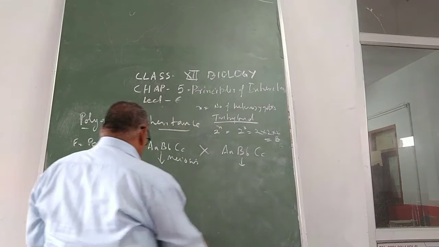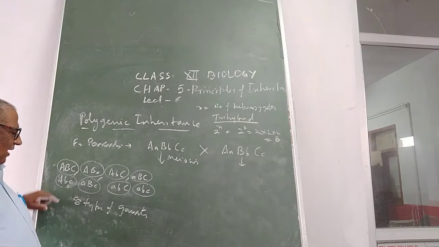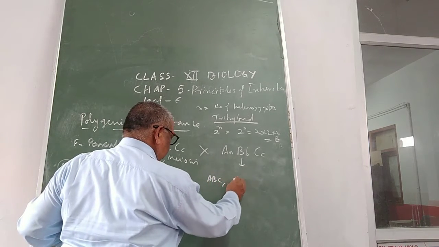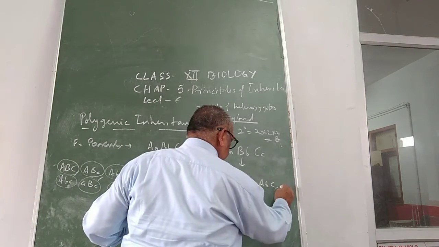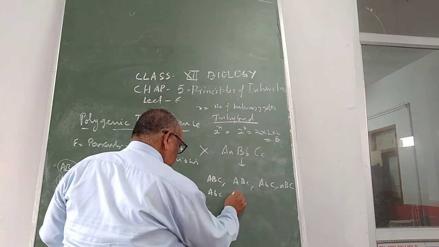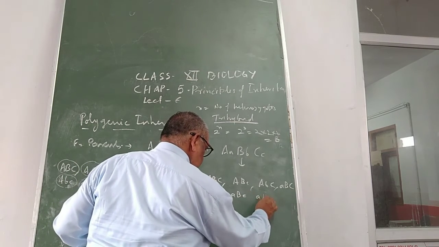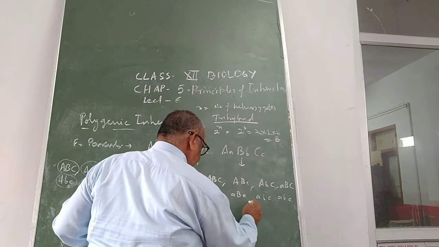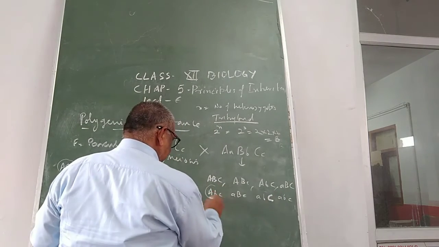Now just to remember, this type of gametes will form, and here also there will be 8 types of gametes. Now these are the 8 types of gametes.